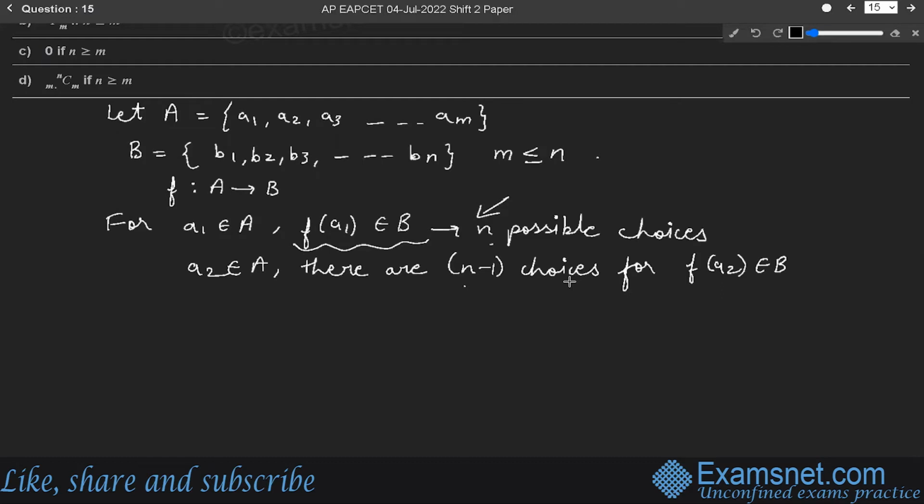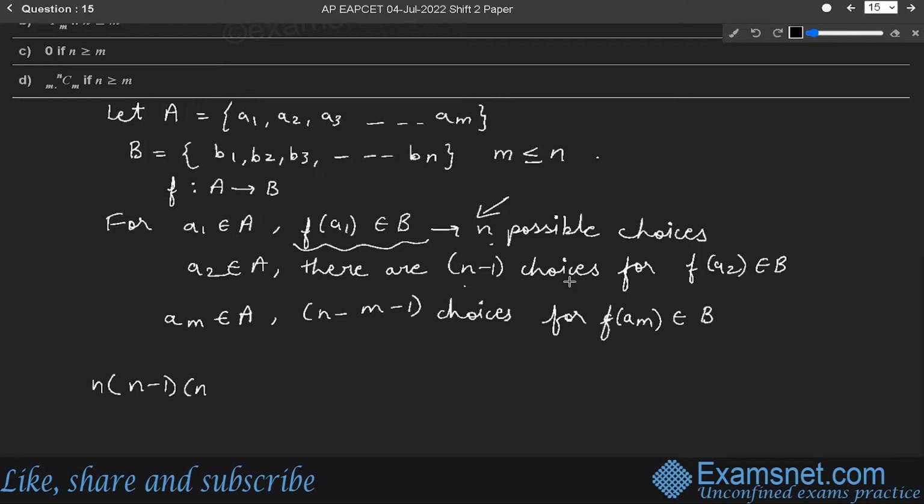Now, similarly, for the last element, Am belongs to A, there will be n minus m minus 1 choices for f of Am belongs to B. So we can say that for the first element, there are n possible choices. For the second element, there are n minus 1 possible choices.